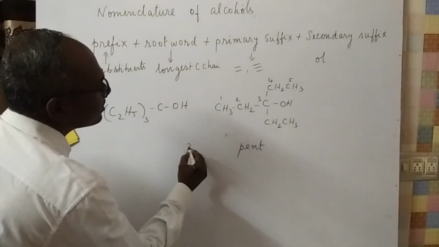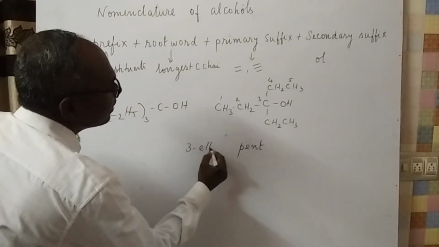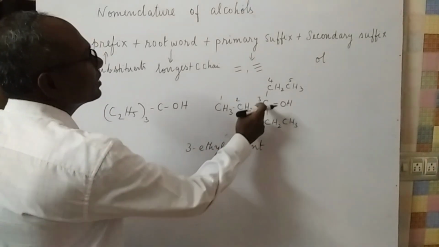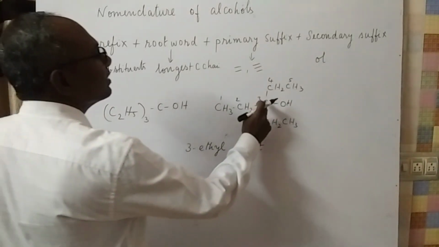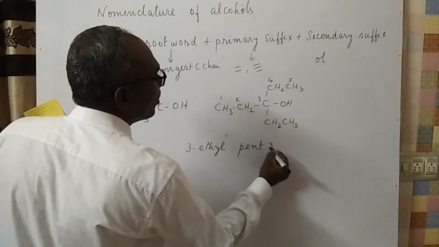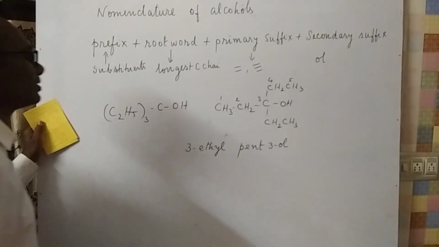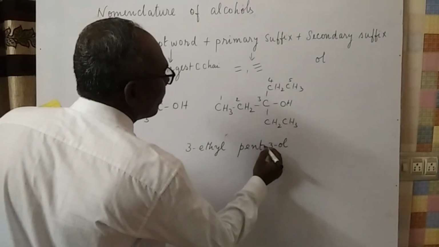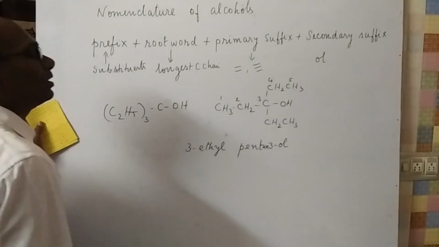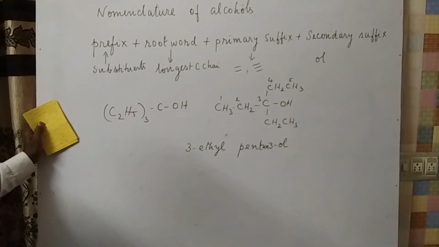So it is 3-ethyl. In the third position, the alcoholic group is there. Therefore, it is 3-ethylpentan-3-ol. So this is the name of this compound.